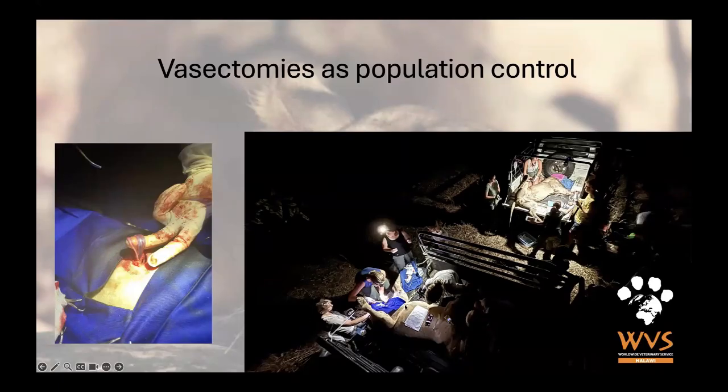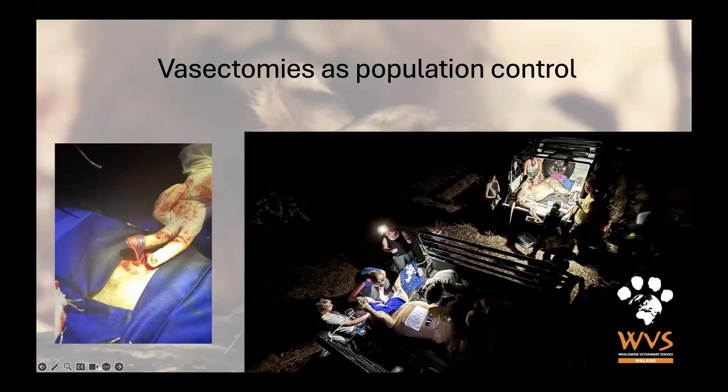And this was the setting on an evening where I did 2 vasectomies on these 2 brothers. They are actually the same brothers that fell asleep with their paws on top of each other on the carcass in that earlier picture. We are doing it up on a pickup, and they're monitored like that. You can see the monitoring chart here with my colleague.